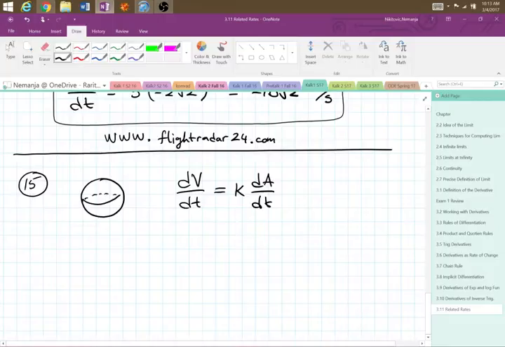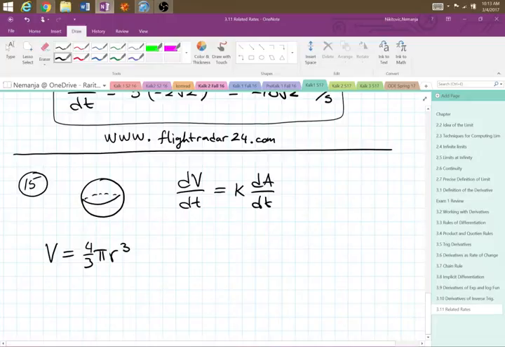So this statement says that the spherical snowball melts at a rate proportional to its surface area, so the loss of volume is proportional to the loss of surface area. Show that the change of radius is constant. All right, so now, what do we know from these things? Well, first of all, we know the volume equation, which is 4/3 pi r cubed.